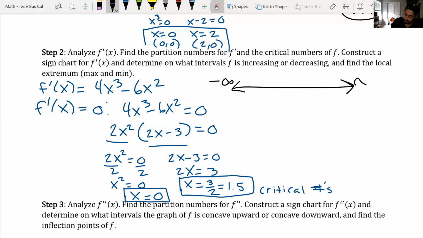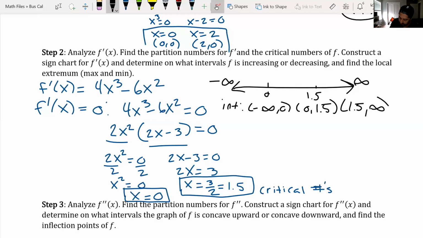There's negative infinity, there's positive infinity. Here's 0, here's 1.5, and make your intervals: negative infinity to 0, 0 to 1.5, 1.5 to infinity.